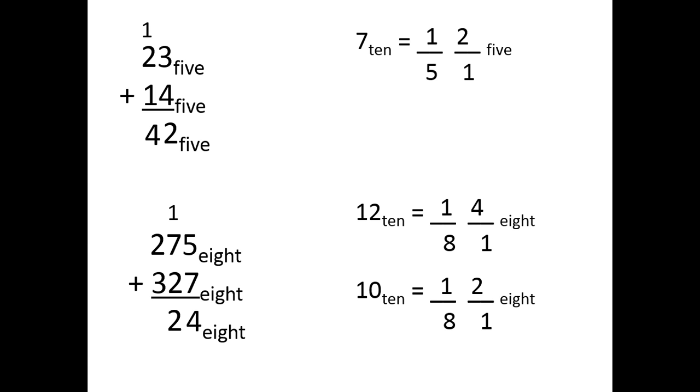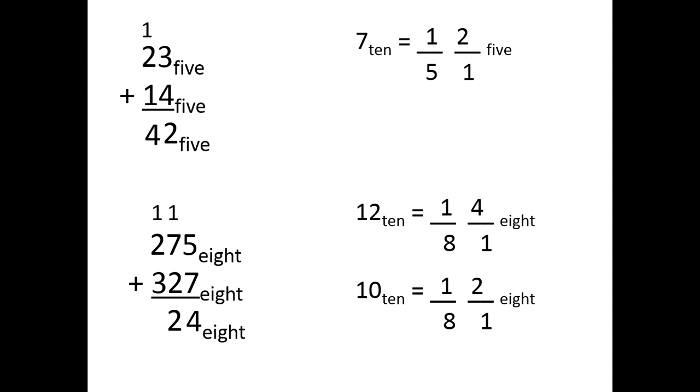So I'll write down the 2 ones. It's really 2 8s because we're in the 8s column. And I will take the regrouped 1 and put that in the next column, which is actually the 8 squareds column, the 64s.